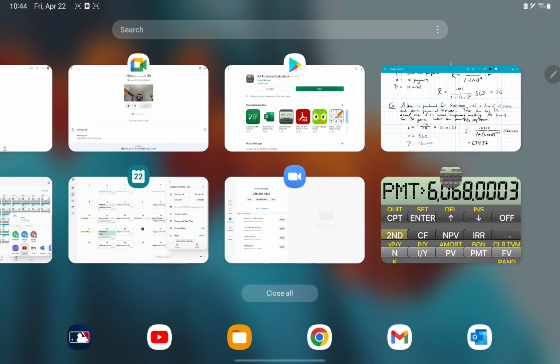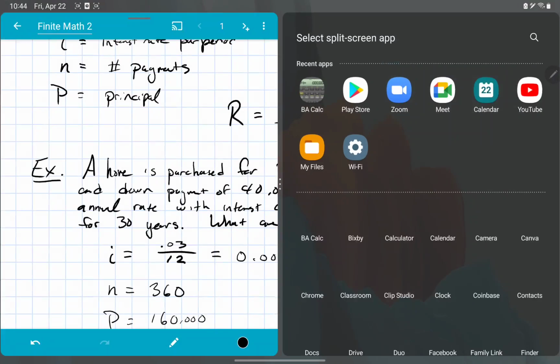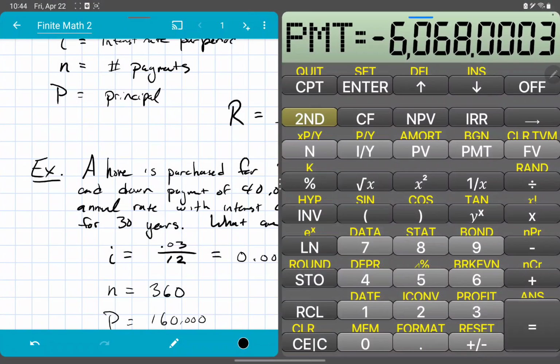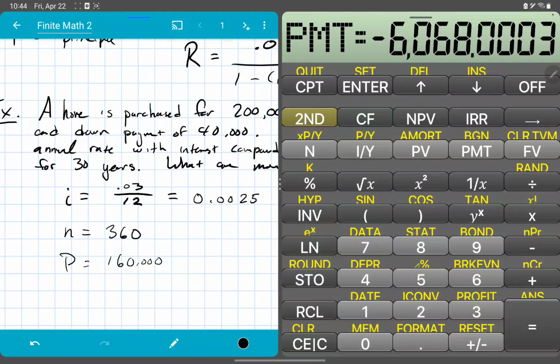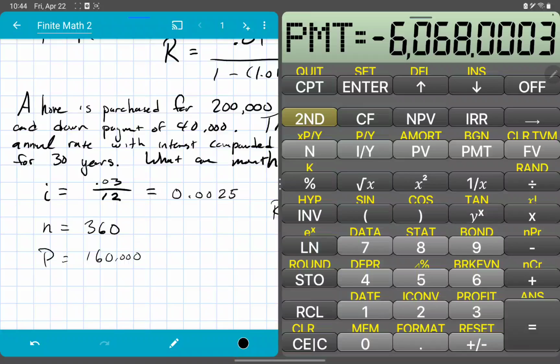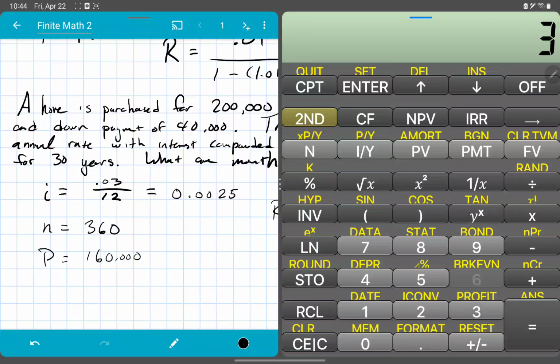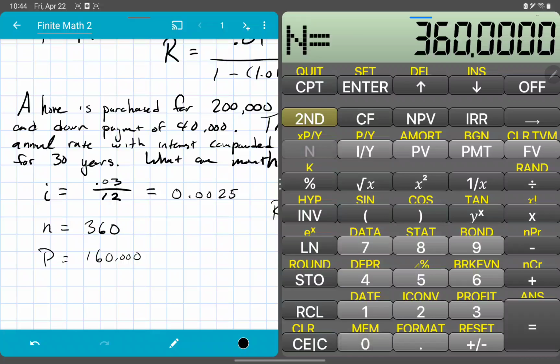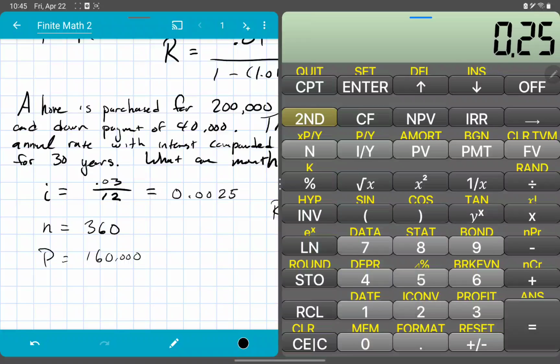Okay, so let's get our calculator here. There's the things we need. N is 360. So I'm going to hit 360 and then store that in N. The interest per period is 0.25. Remember, we don't put this in decimals, we just put it in there.